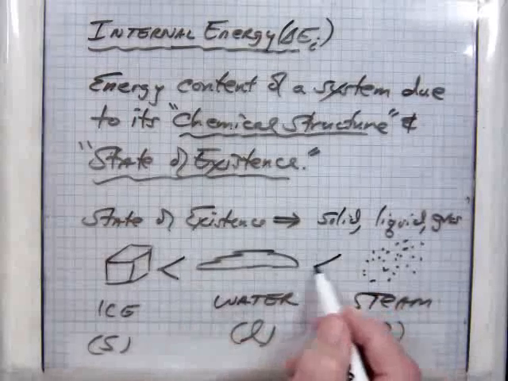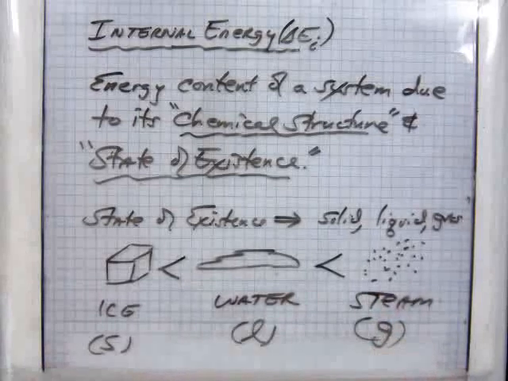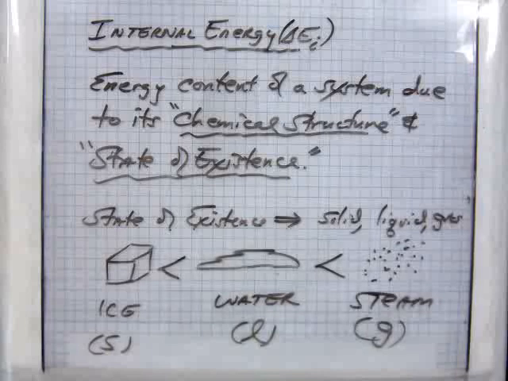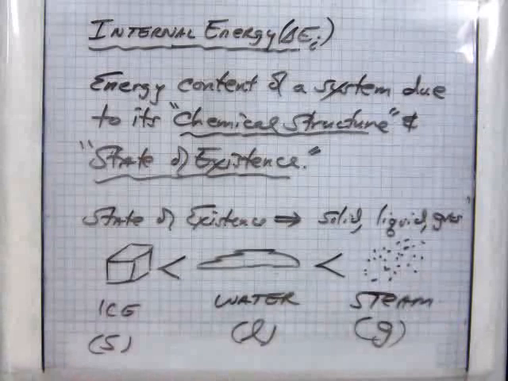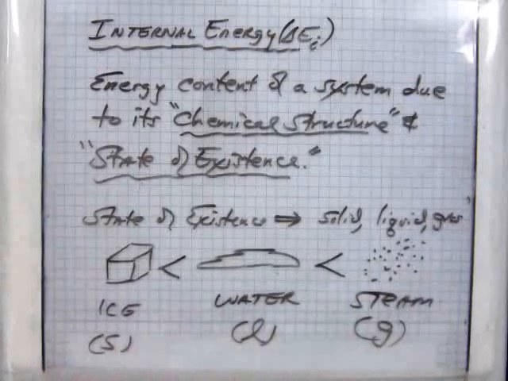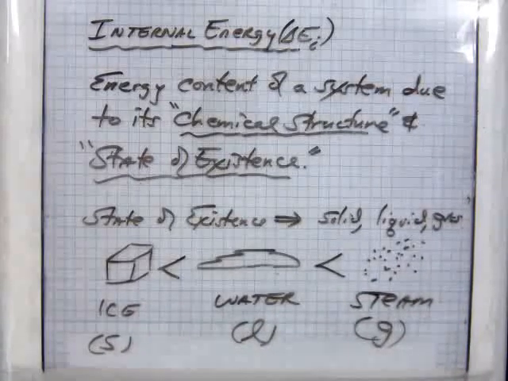And of course, that then transitions into a gas phase, water vapor or steam, and we find that this has the highest level of internal energy. So it is the internal content. Now, we can't touch it, feel it, see it, taste it.